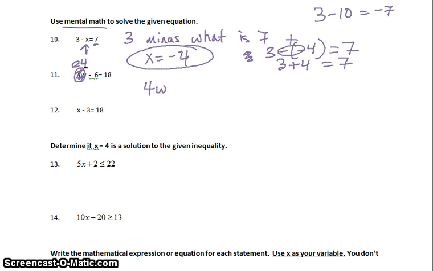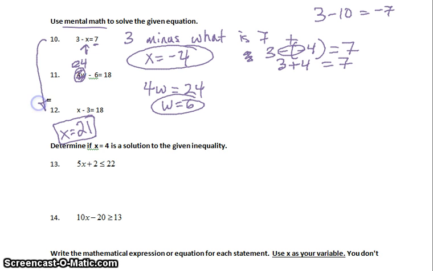So 4w is there, so we know that 4w is the same as 24. 4 times what number is 24? And if you guess 6, you're correct. So we get w equals 6. Number 12, what number minus 3 is 18? We should get 21. 21 minus 3 is 18. Kind of reverse.